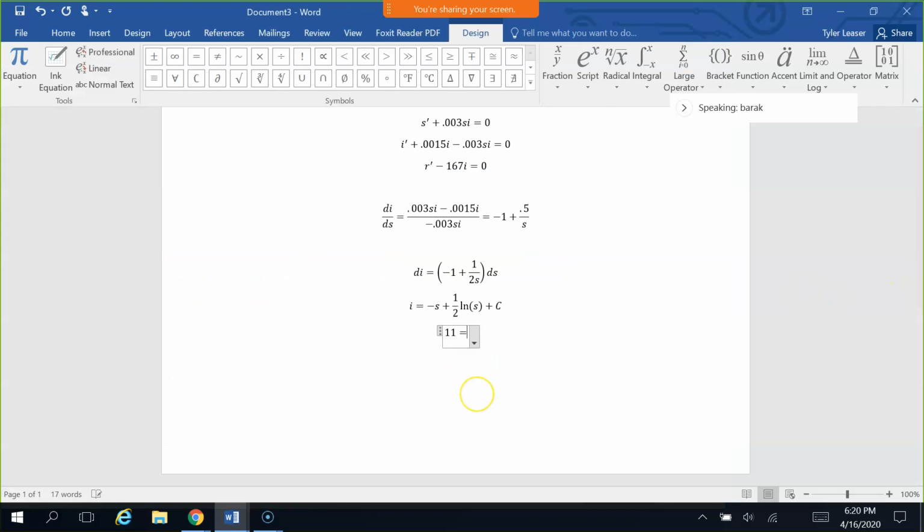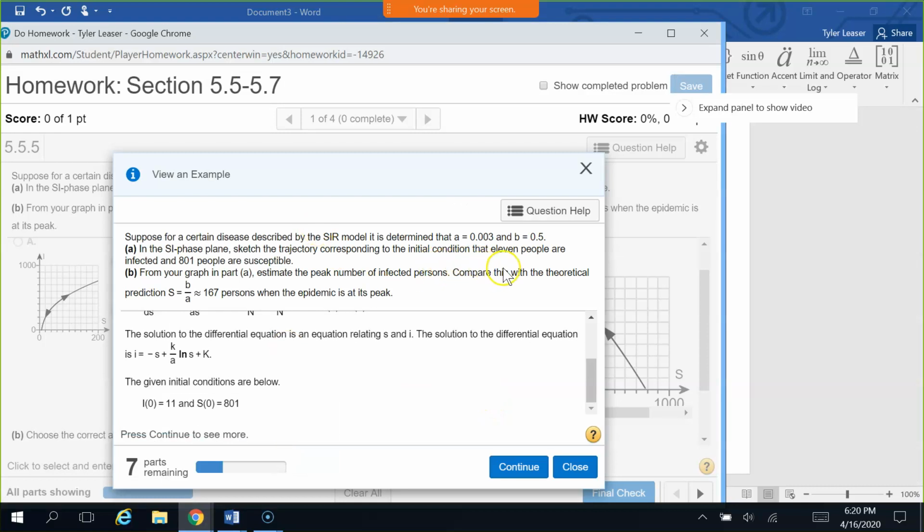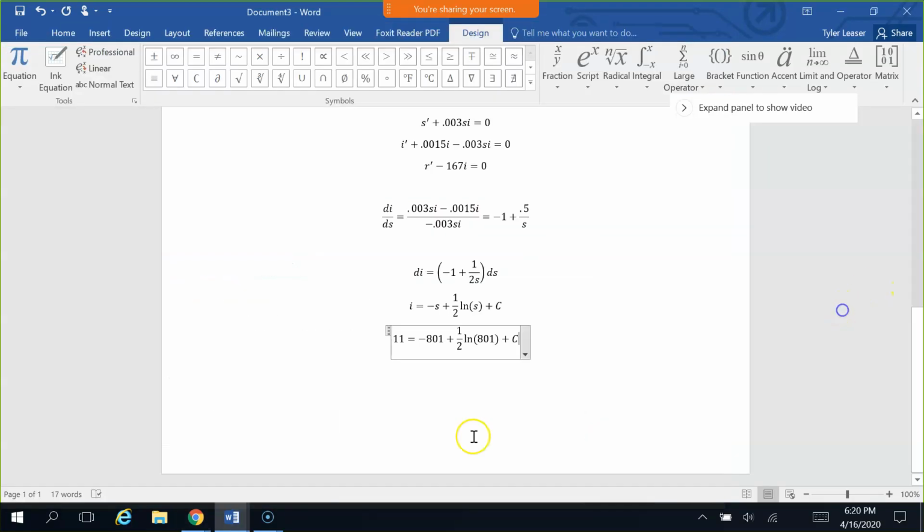So I'm going to plug in 11 for the I and then 801 for the S.